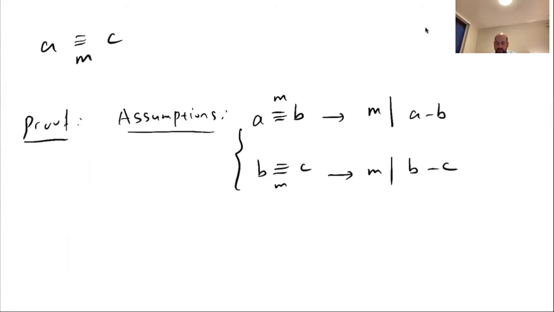Now we know from a property from before that if M divides A and M divides C, then M divides, let's say, Ka plus Lc. You remember this property we saw today?